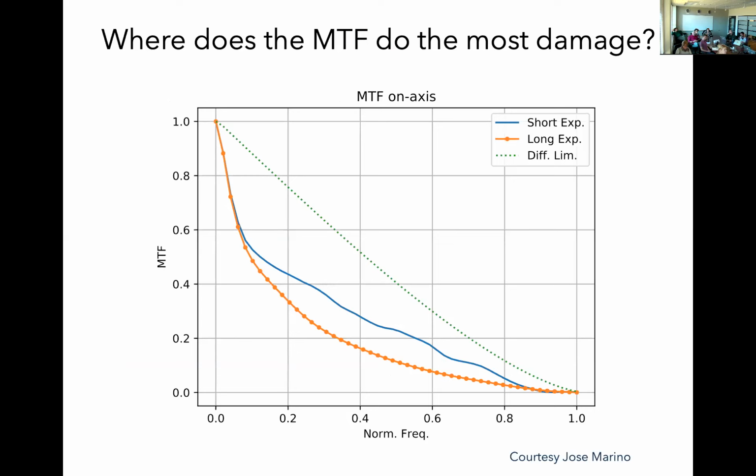In that dotted green line you see that the amount of attenuation, how much it's reducing the power, increases as you go to higher spatial frequencies, so it's dropping off steeply there. At the lowest frequency, it doesn't do anything. At the highest frequency, you get essentially no power through.